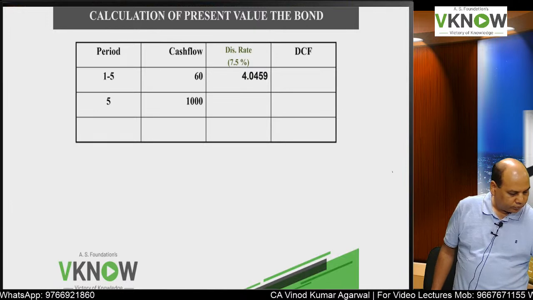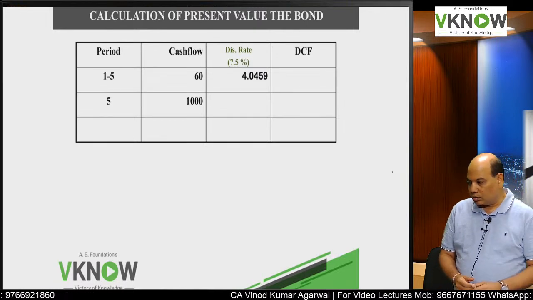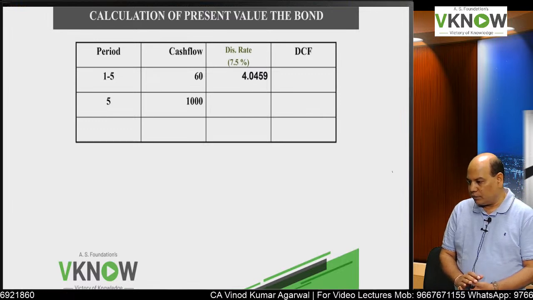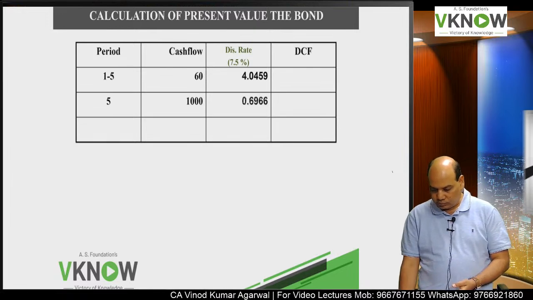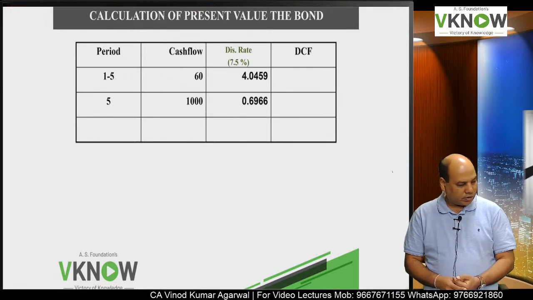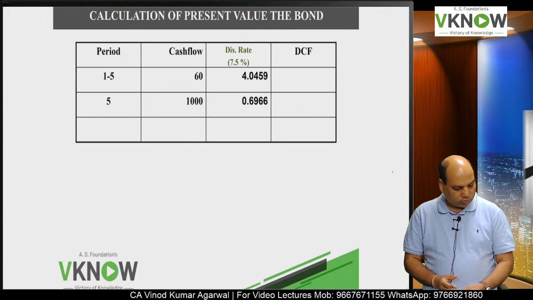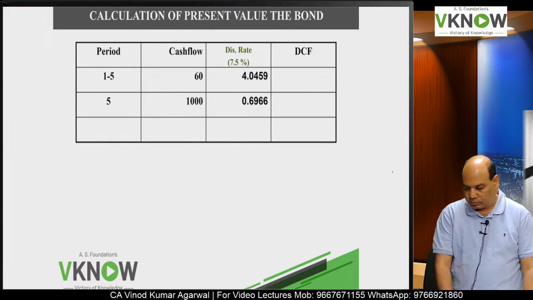Factor. Check the factor at 7.5%, 4.0459, 0.6966.